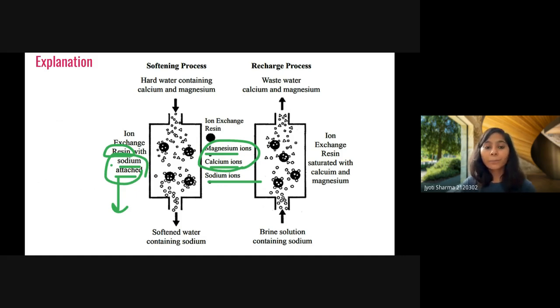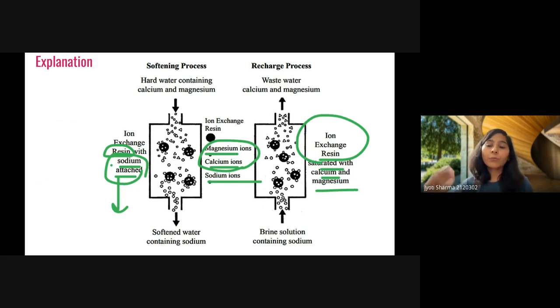But the thing is, as soon as this resin is saturated with the calcium and magnesium, we can't use it, right? So this will be clogged, and we have to replace this resin of the ion exchange.